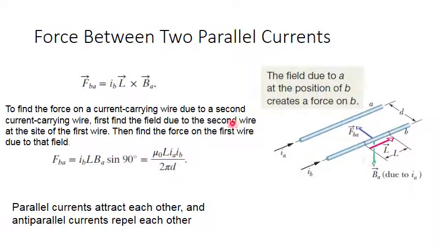So the magnetic force would be F at B due to A equals the current at B multiplied by its length, cross product the magnetic field due to the current at the wire A, BA.